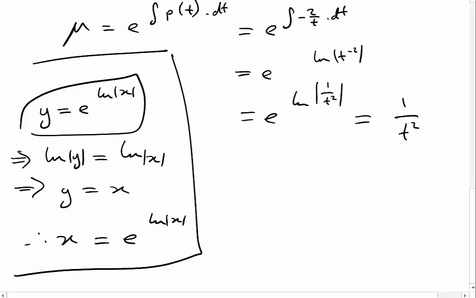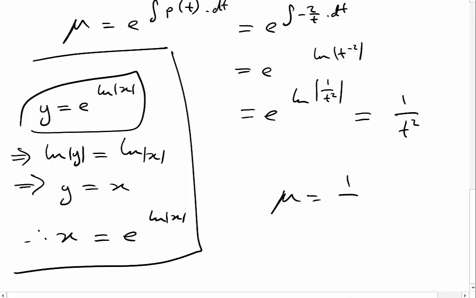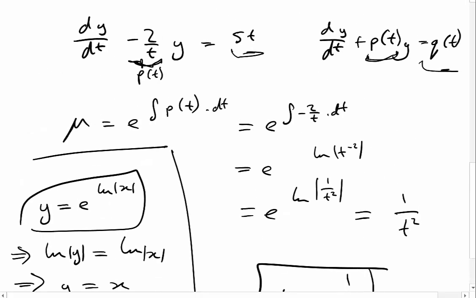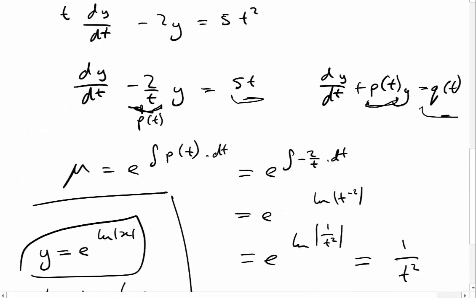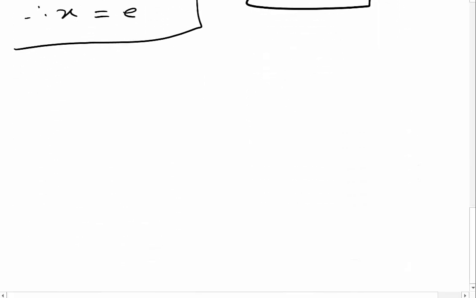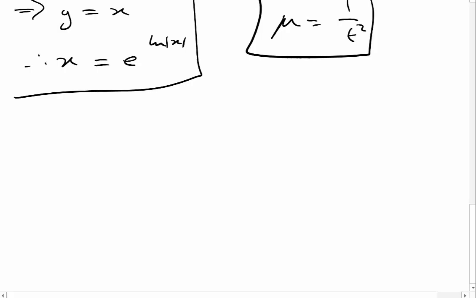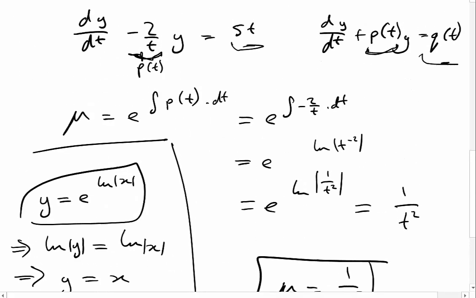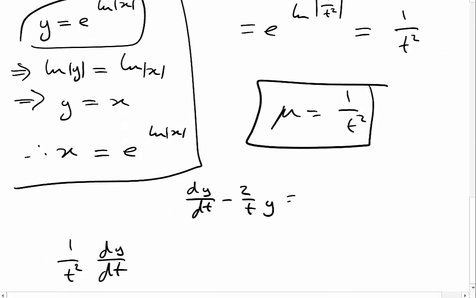So this is what I end up with. This is my integrating factor: mu equals 1 over t squared. Okay, so now what I do is multiply every single term through by mu. So what do I end up with? Maybe if I write out what I had before: dy/dt minus 2 over t y equals 5t.